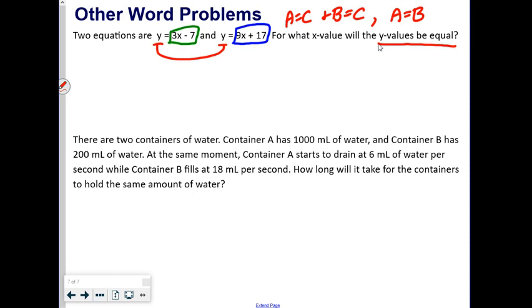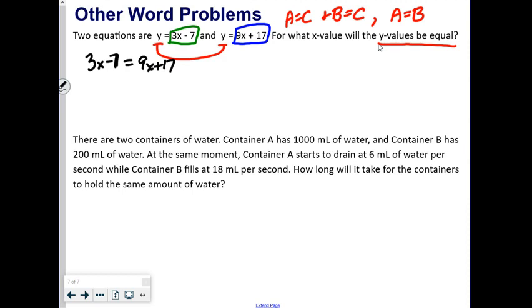So in this case, what we can set equal is the green and the blue stuff that I circled. So it'll be 3x minus 7 equals 9x plus 17.